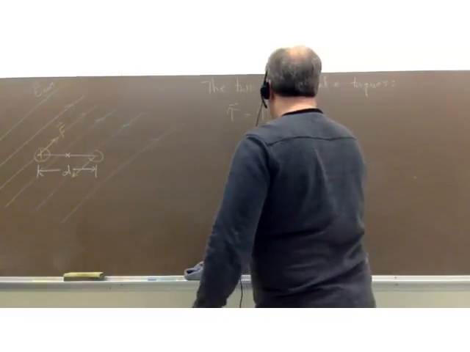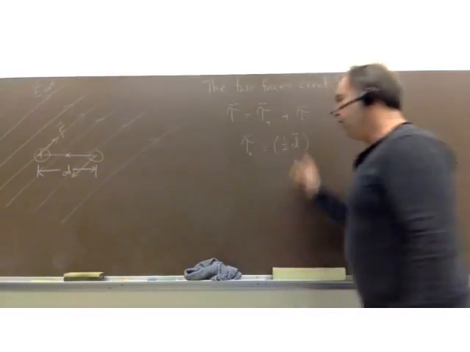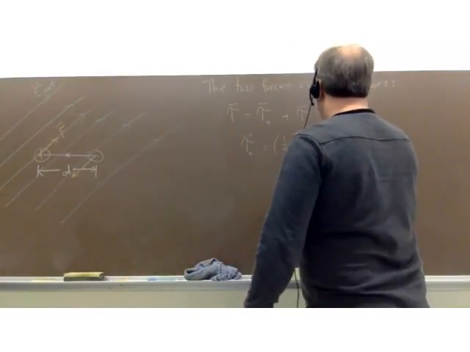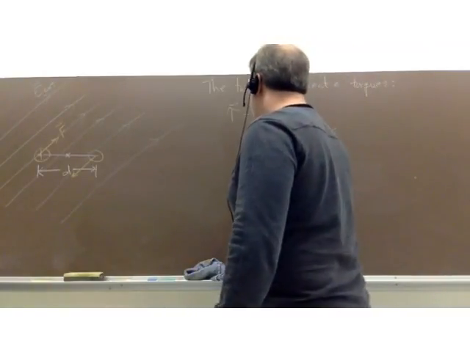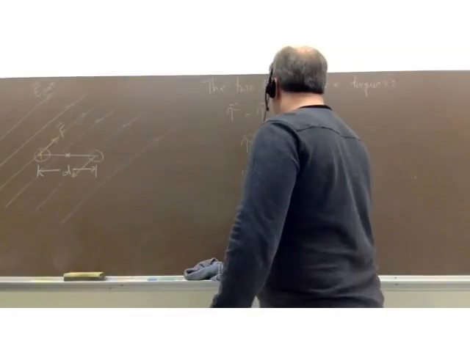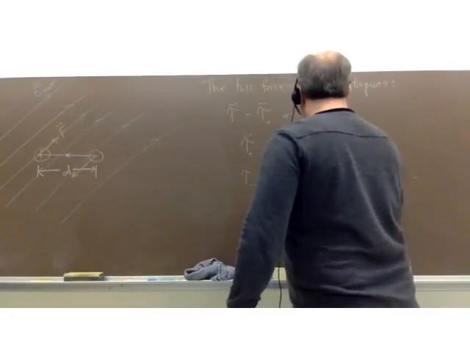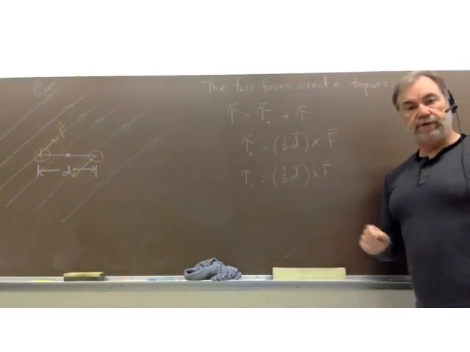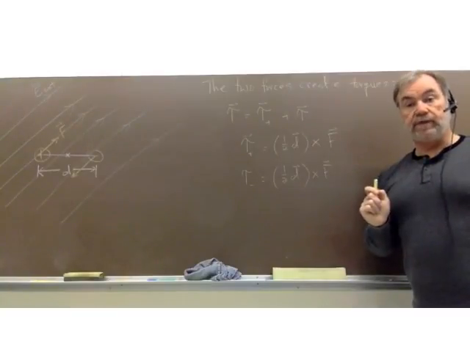So the moment arm, 1/2 d, and we'll treat that as a vector, crossed with the electric force on it. The torque on the negative charge is going to be the same, and I'm not going to bother telling you. I will let you work it out for yourself that the directions of these two torques end up being the same.